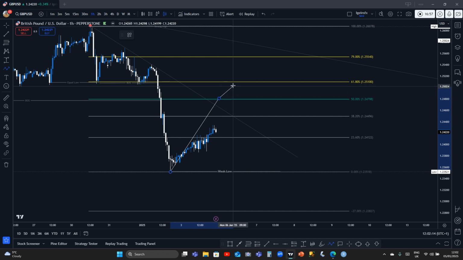Price will go like this. Price will create an equal low first, then it will break the structure to the upside again. Then from here, it will give you a formation that will trigger the sell to the downside.